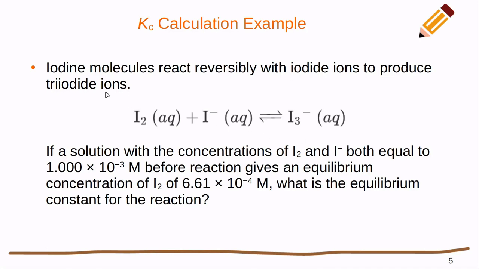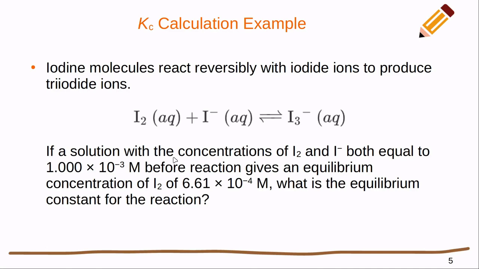Here's one of the simpler questions that we could be asked. Iodine molecules react reversibly with iodide ions to produce triiodide ions. I have this reaction here, and I'm then given some information that I need to parse through very carefully.